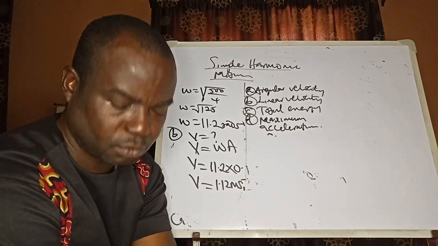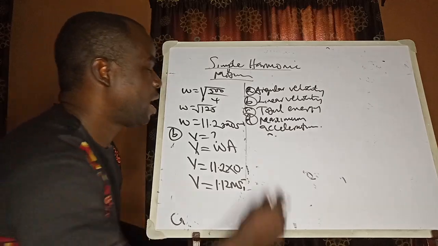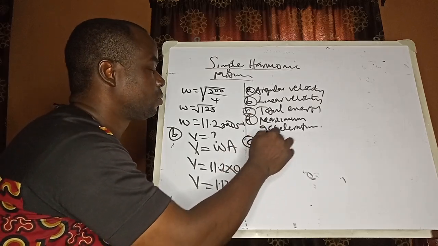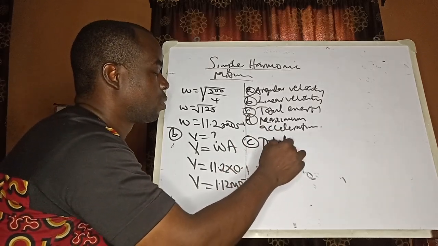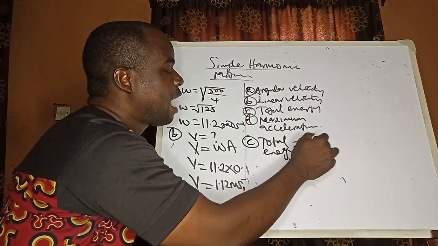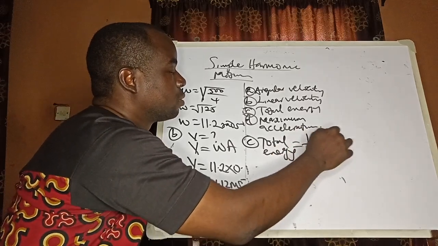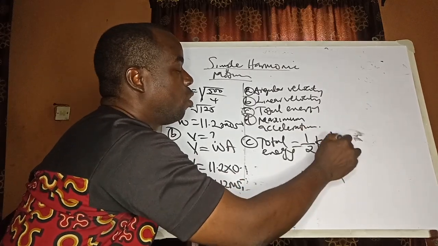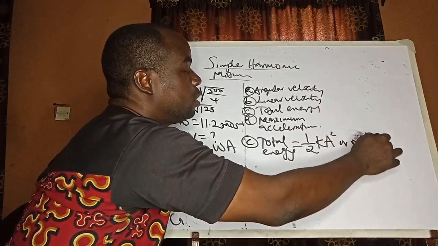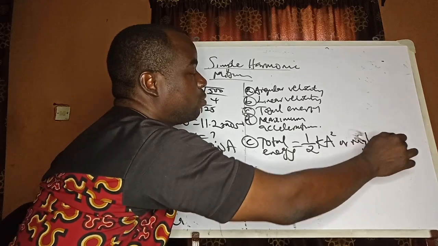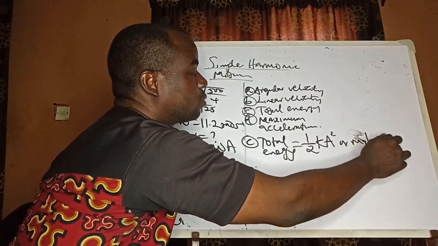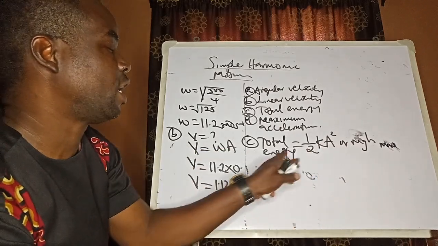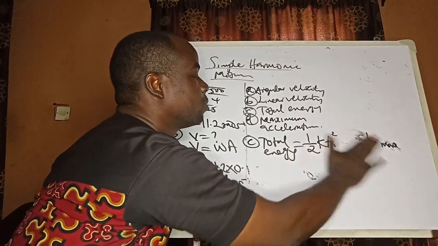So now let's solve for total energy. You can use half K A squared or mgh maximum. But since this one is not going to work, let's use this one because we have K and we have A. So I cancel this one.